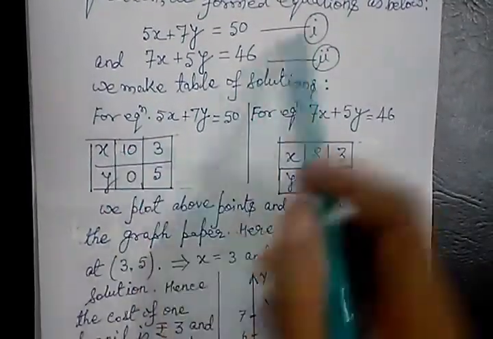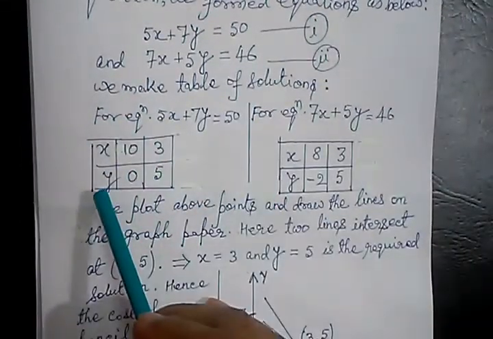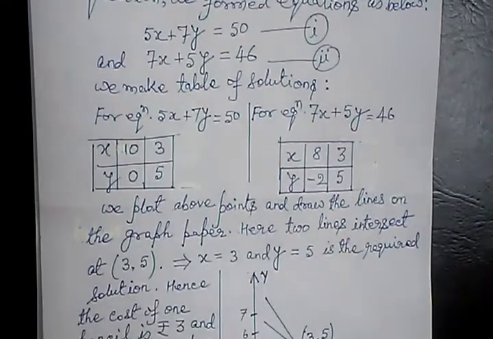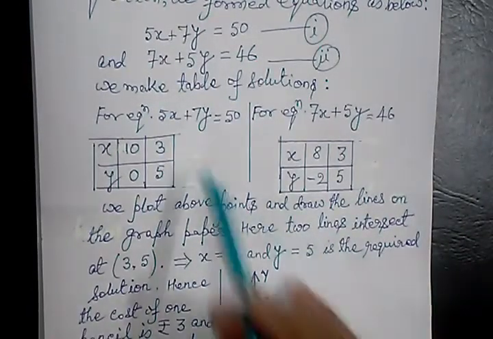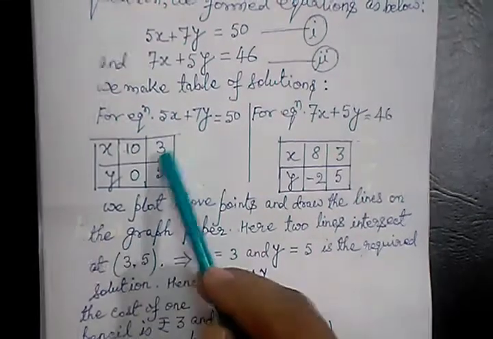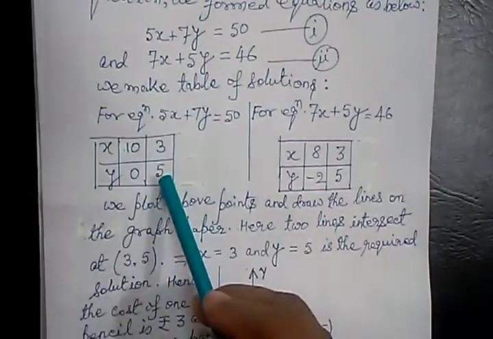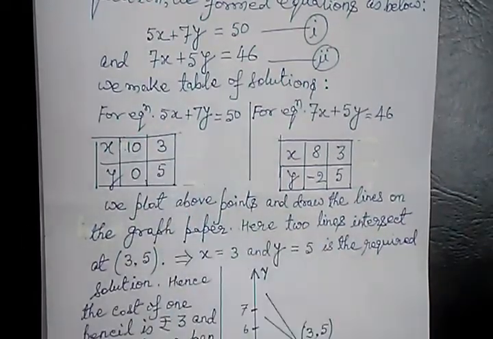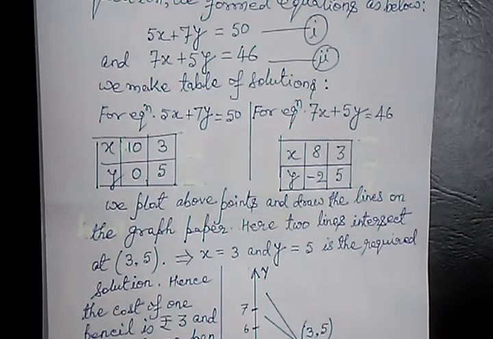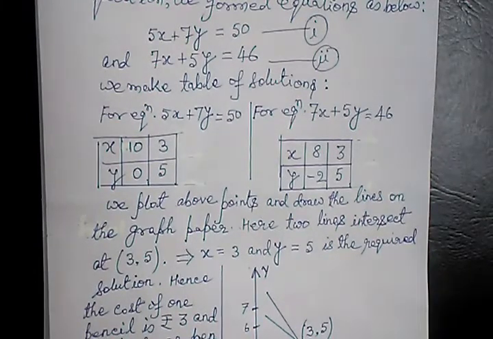Putting this value in equation 1, we get y equal to 0. If x equal to 10, y equal to 0, clear? And also when x equals 3, y equals 5. So these two coordinates, x y, are the two points we have found.